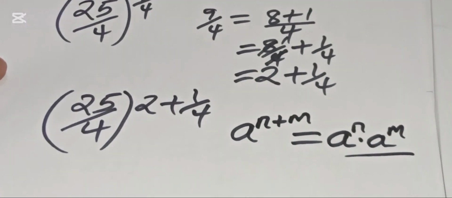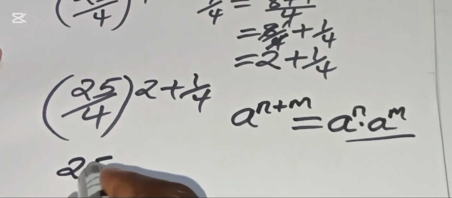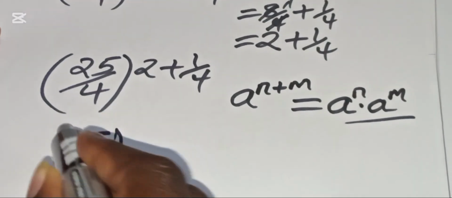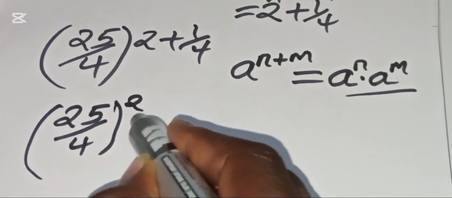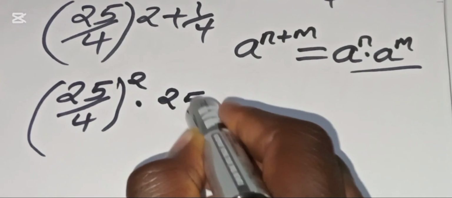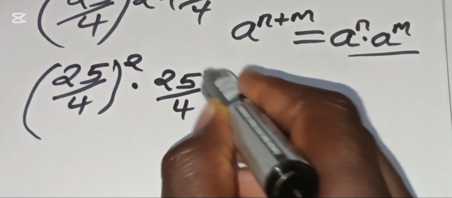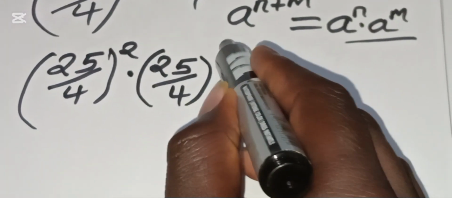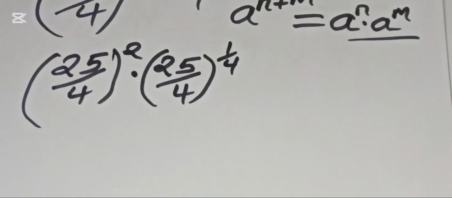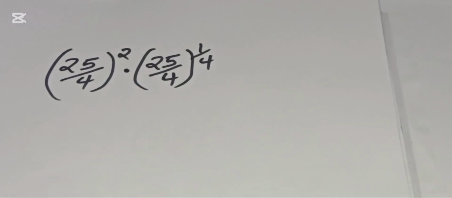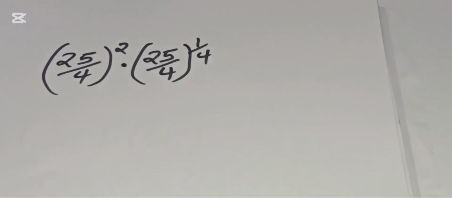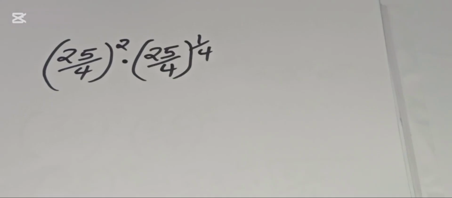Let's write in this form. So we're going to have 25 divided by 4 raised to power 2 multiplied by 25 divided by 4 raised to power 1 over 4.